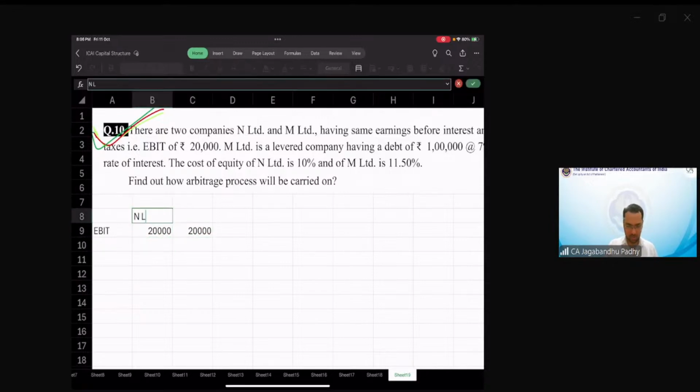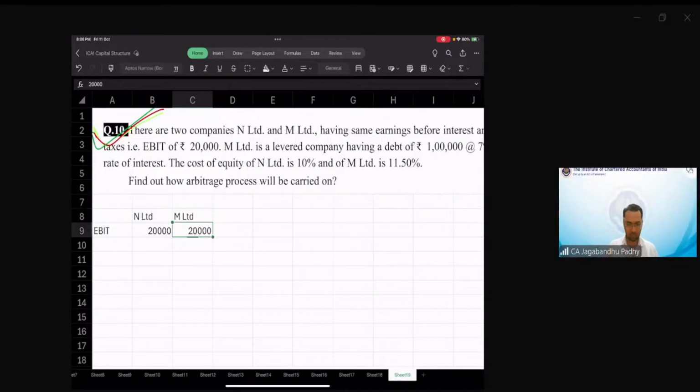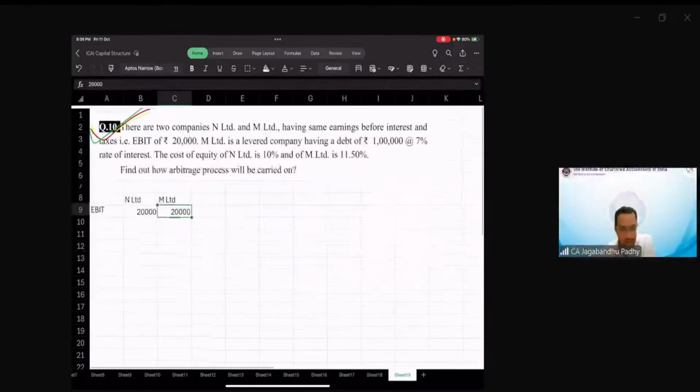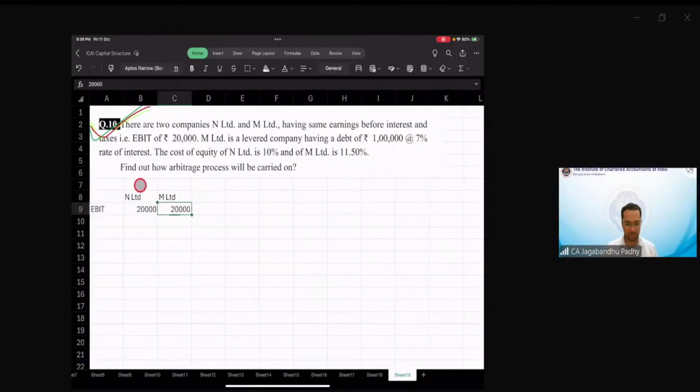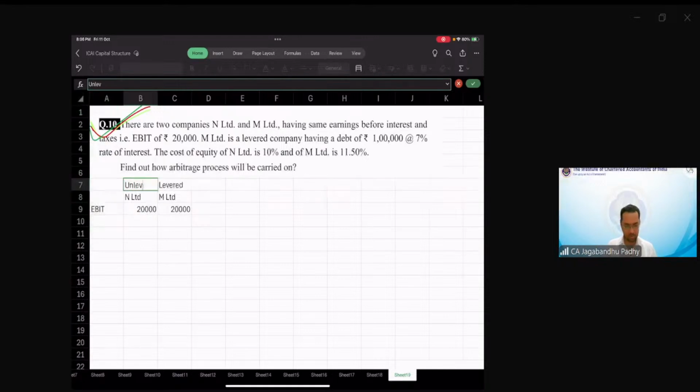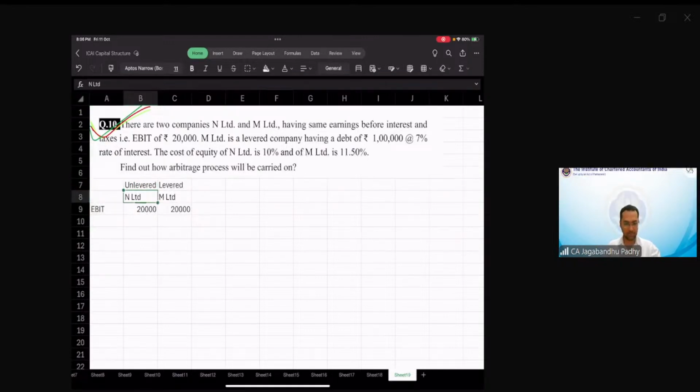So N Limited and M Limited have the same earnings before interest and tax. M Limited is a levered company, which has a debt of, let's say, 1 lakh. And of course, N Limited will be unlevered.